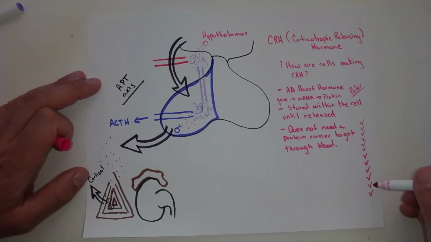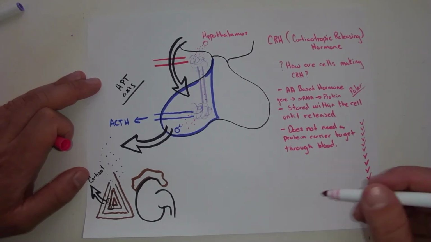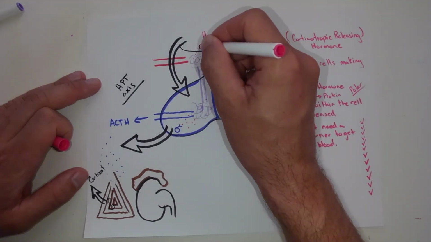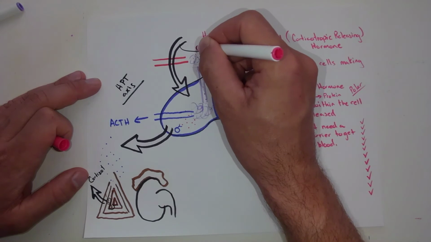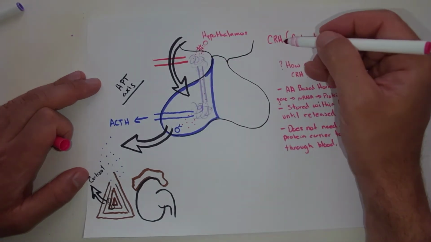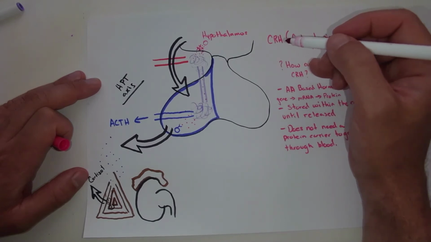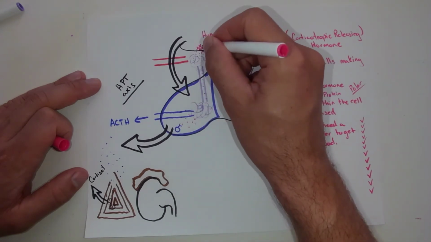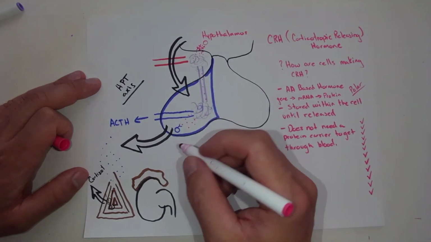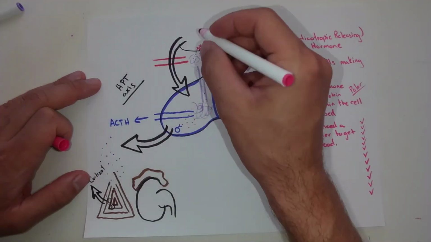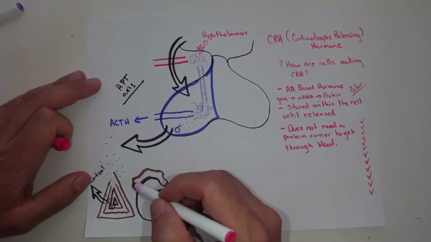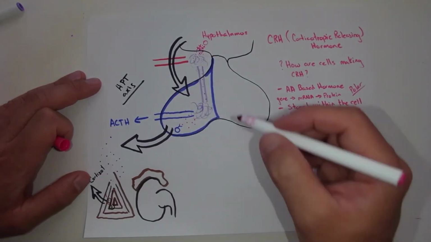So, high blood glucose is going to feed back and inhibit release of CRH. Now, it turns out that ACTH can also come back and inhibit it, and cortisol levels can come back and inhibit it. But normally we think of the ultimate effect, high blood glucose, as inhibiting it.